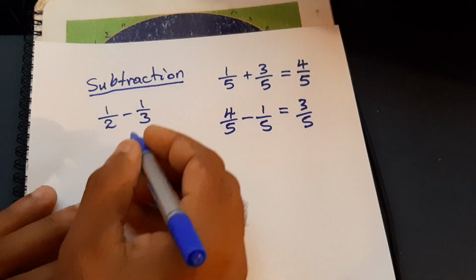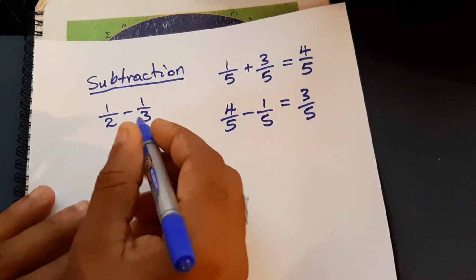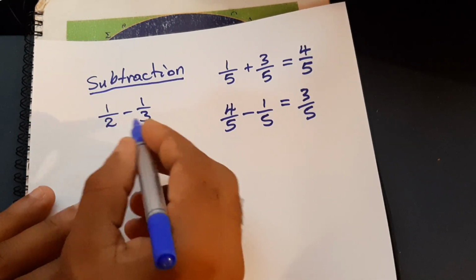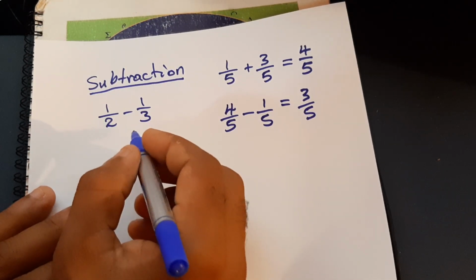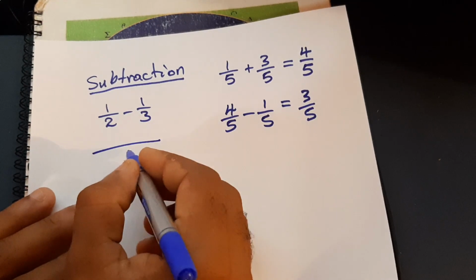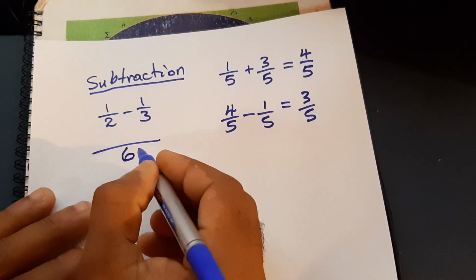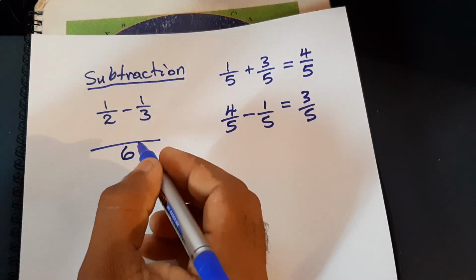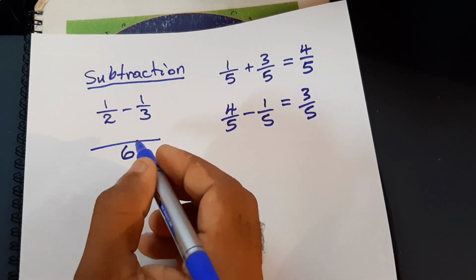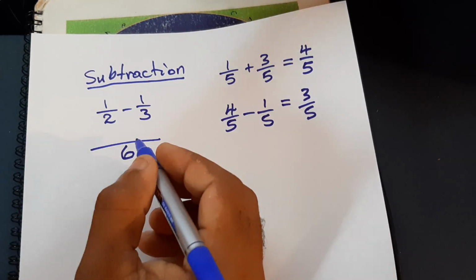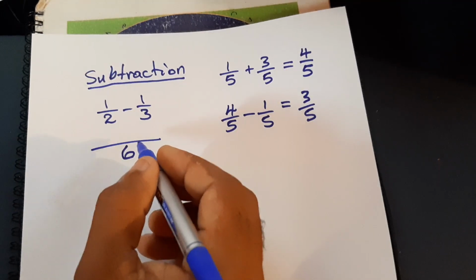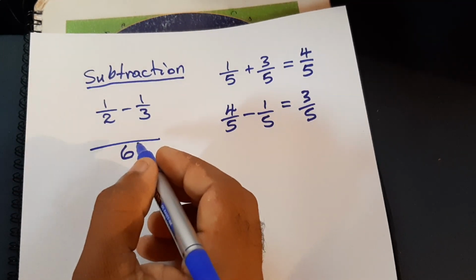So let's work this one. So we're going to subtract. Now, first thing we need to do, look at the denominators. Are they the same? No, they are not. So that means we have to find the LCM. LCM for 2 and 3 is 6. And remember, if you don't know what the LCM is for the denominators, just find the multiples, and that would make it a bit easier. You choose which are common, then from the common ones, you choose the lowest.